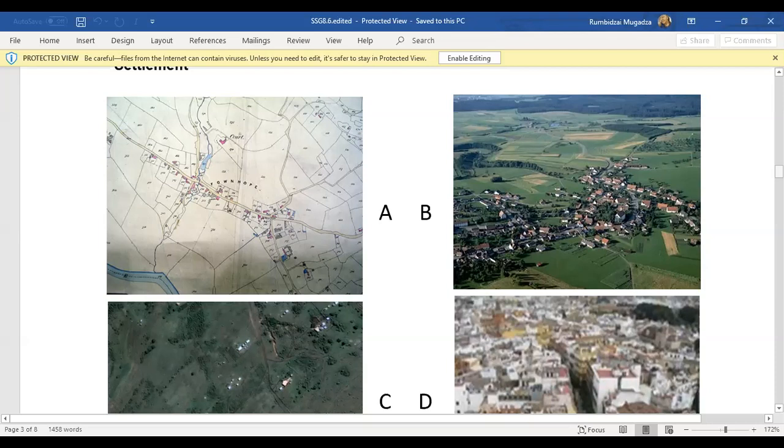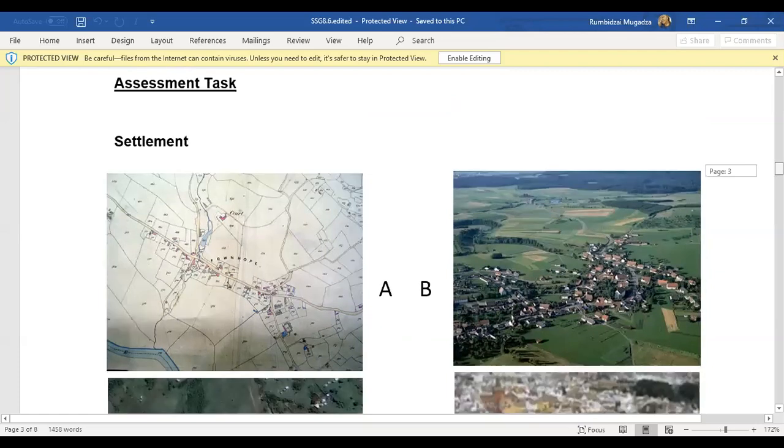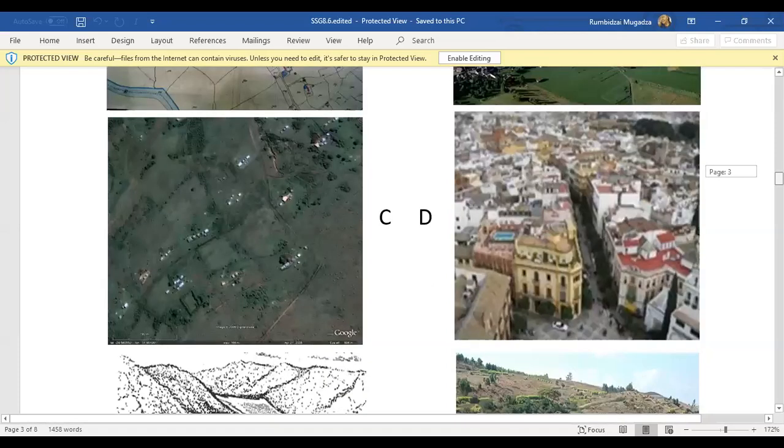You remember the types of settlements? For B, it's not circular. Try again. Clustered. Thank you. It's a clustered settlement. And then C.